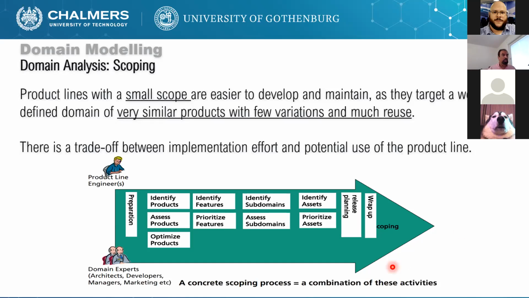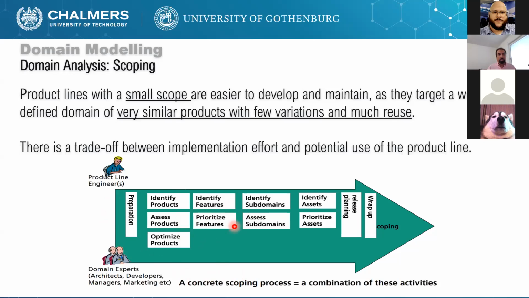If you notice here in this diagram, it says concrete scoping, a process equivalent to a combination of these activities. These activities are not necessarily all used, but a combination of them will create a concrete scoping process, like identifying the product, assessing the product, optimizing the product, and here identifying the features, prioritizing the features.